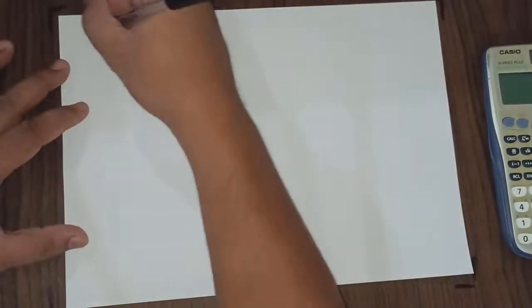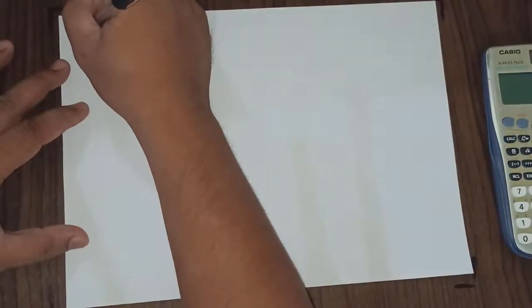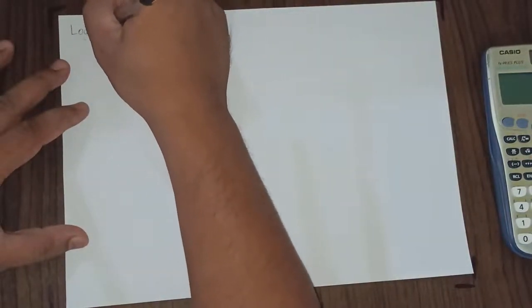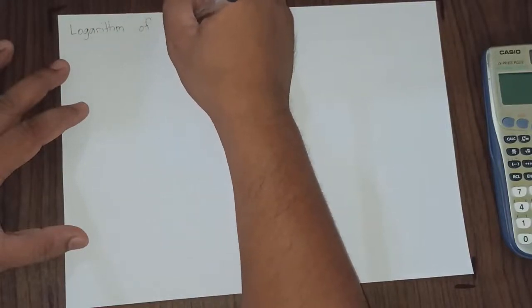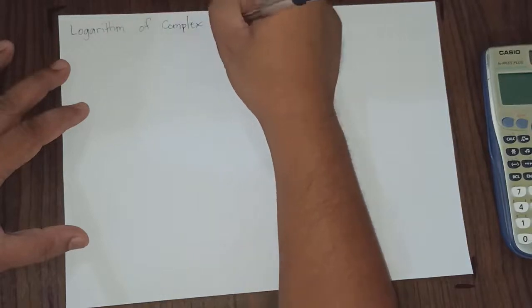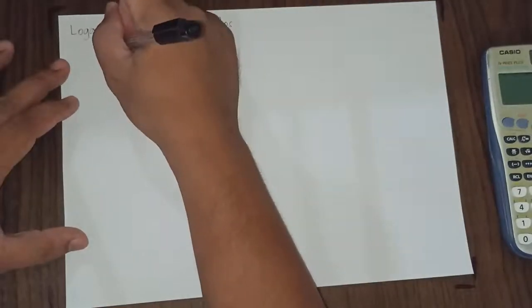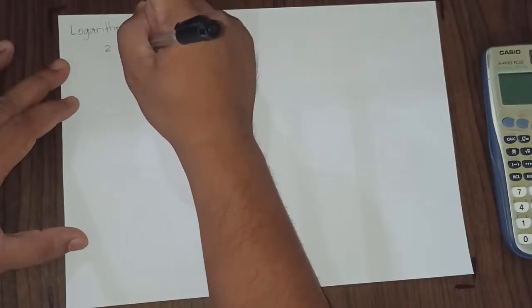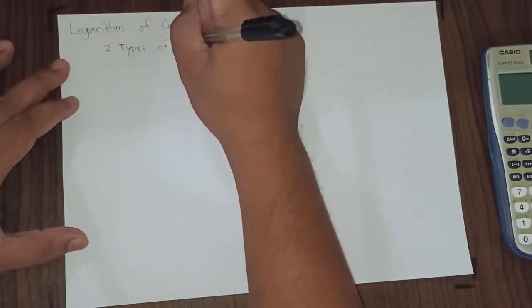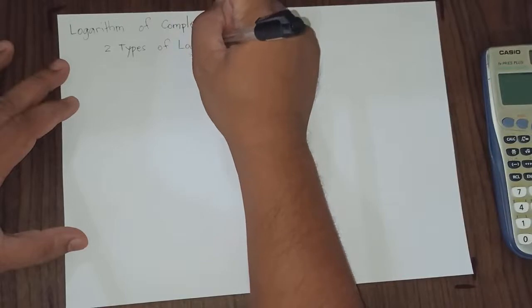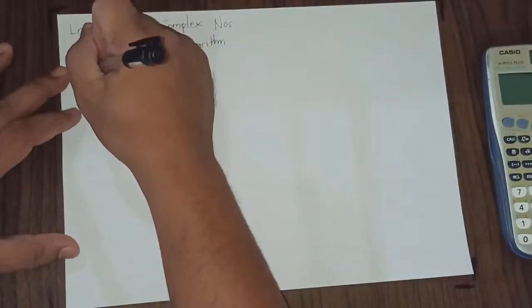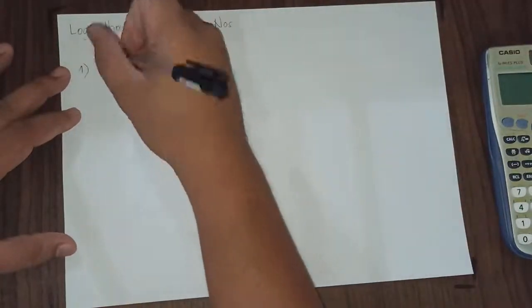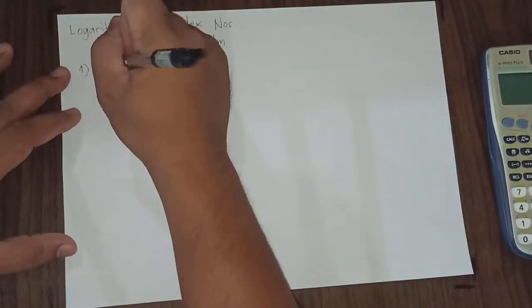So, logarithm of complex numbers. Okay, we have two types of logarithm. First is the Briggseian logarithm.